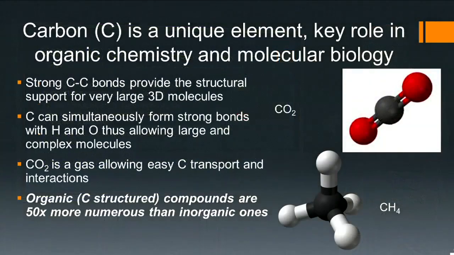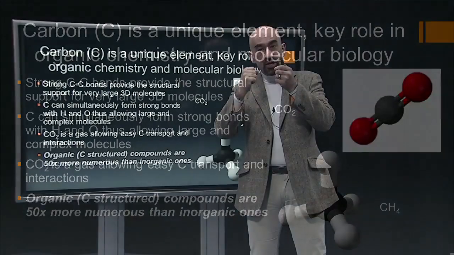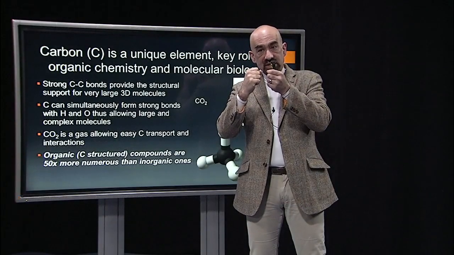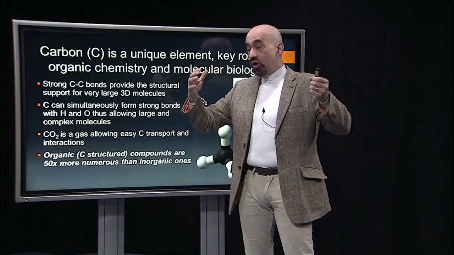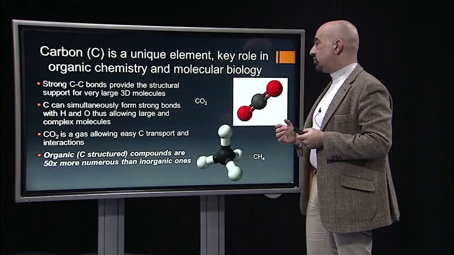Carbon's a really interesting element. Carbon has really strong bonds that let you build complex molecules. And we have these very strong carbon-carbon bonds between pairs of carbon that serve as a building block that lets us construct very complex molecular structure.